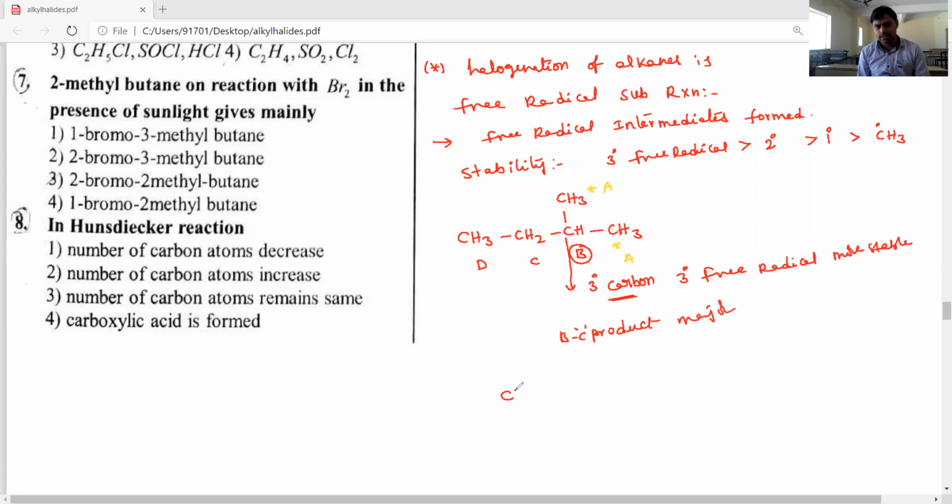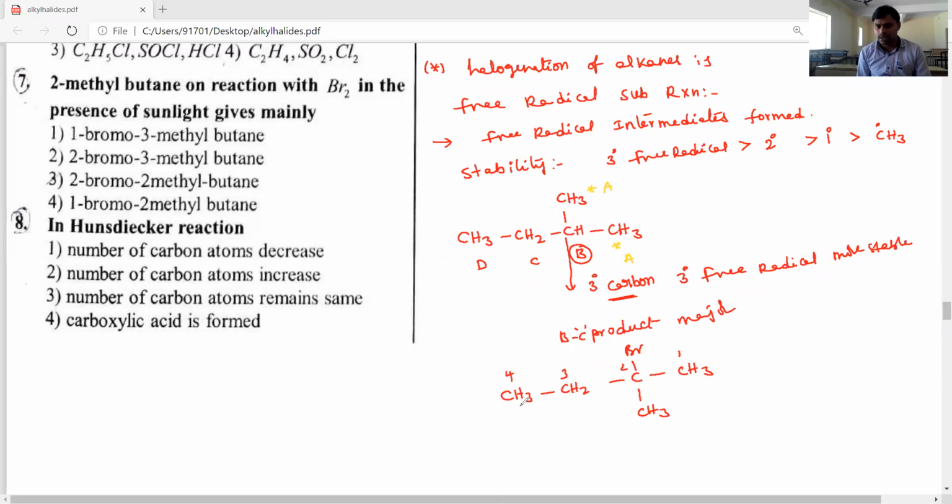Let's see. CH3-CH2-C(Br)(CH3)-CH3. So what is the name of this compound, dear students? 1, 2, 3, 4. 2-bromo, 2-methyl.